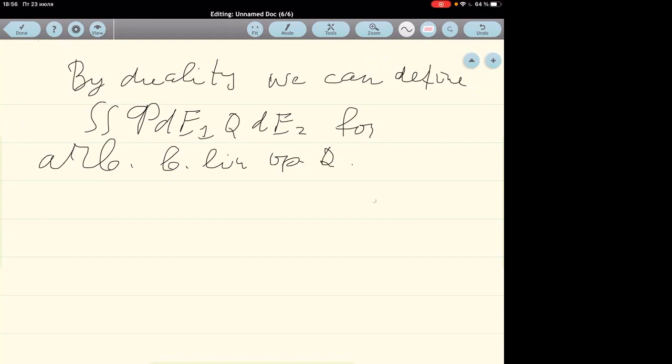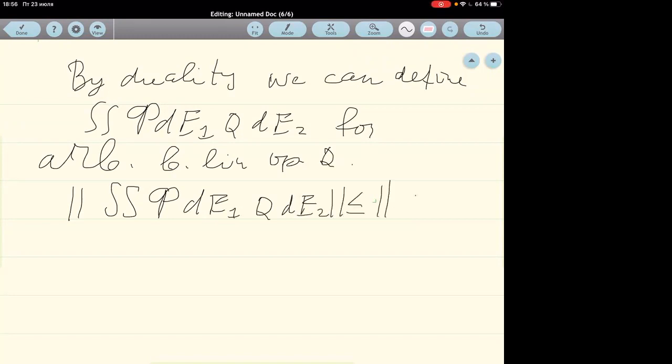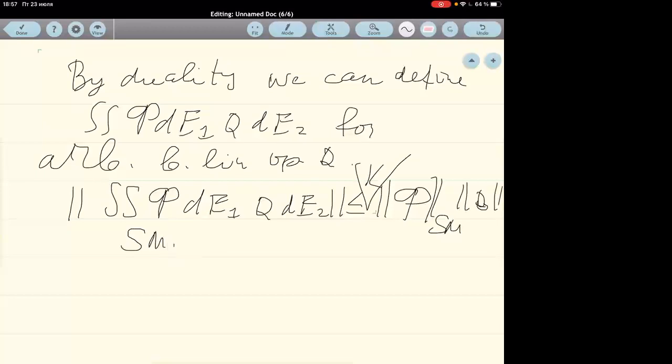I mean, if phi is a Schur multiplier of S1, then we have the following inequality: the norm of the double operator integral dE1 Q dE2 is less than or equal to the norm of phi in the space of Schur multipliers times the operator norm of Q. Let me use the notation M of E1, E2.